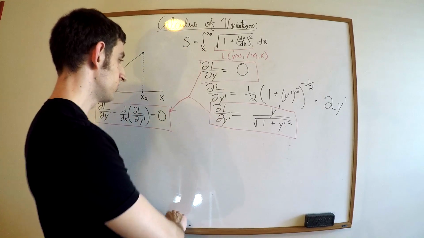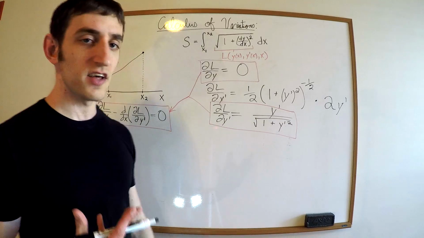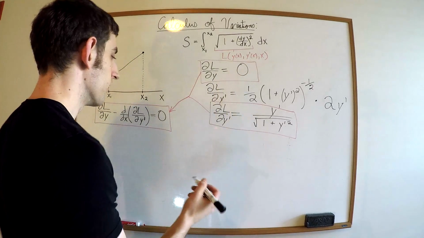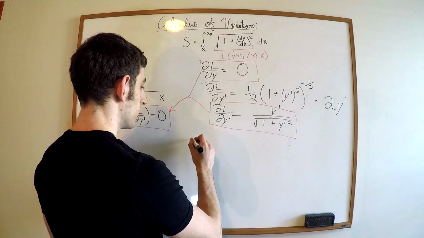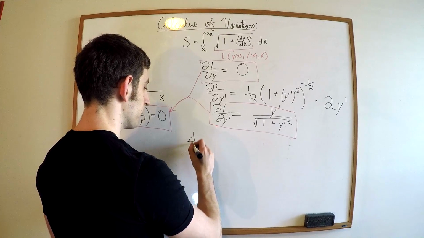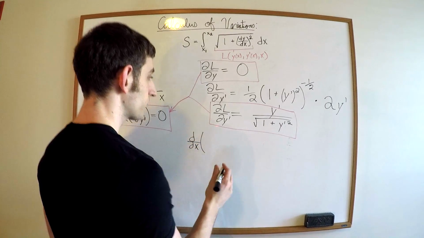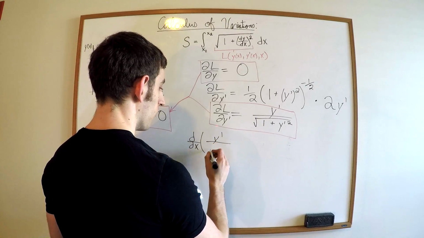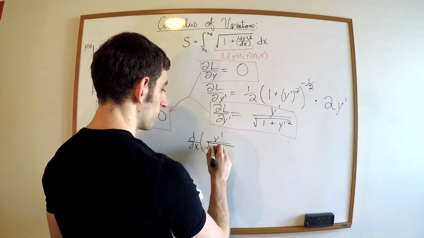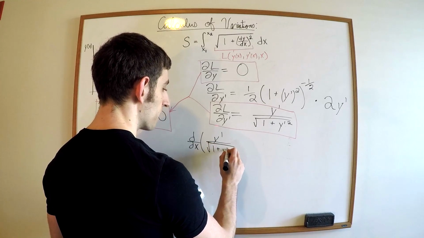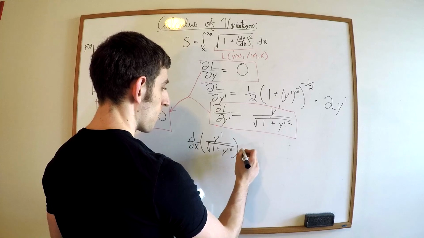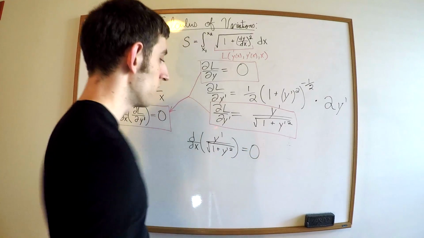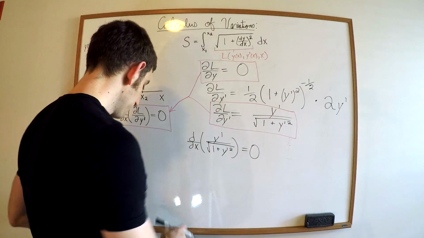When we do that, we get this nice equation. This term is 0, so we end up with d/dx of y prime over the square root of 1 plus y prime squared equal to 0. What does that tell us?